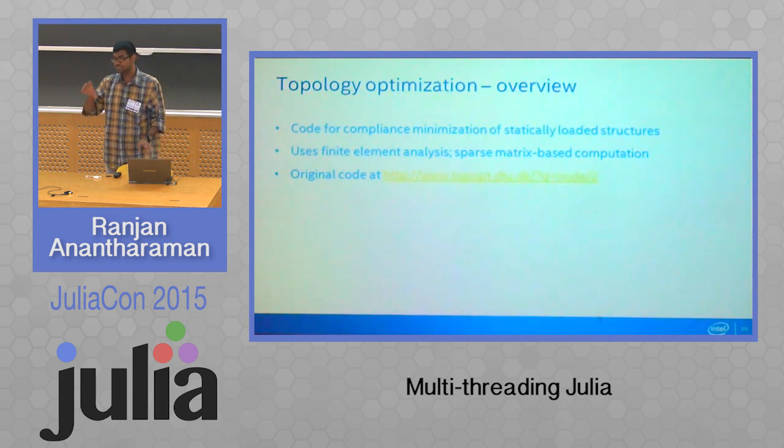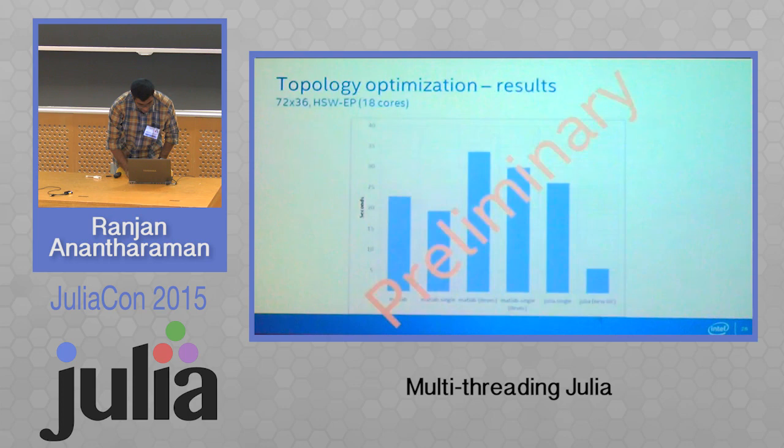Most of the compute is in this one finite element kernel, which is written in naive MATLAB, again found online. So over here, again, single-threaded performance beats normal MATLAB. And as you can see, when you devectorize MATLAB, there is a huge difference.